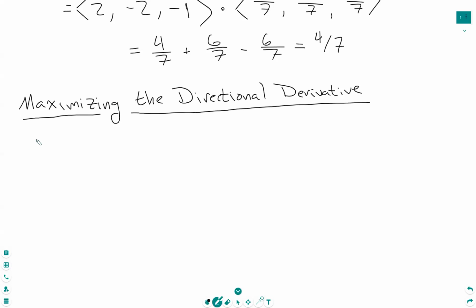So imagine you're at a certain point and you want to find the largest slope in a particular direction. What is that direction? Can we find it? Is there a nice way of putting that?